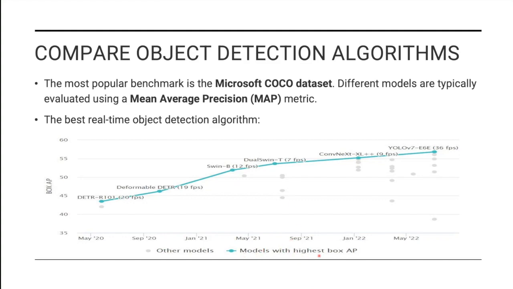And we have the models with the highest box average precision, from 2020, so it goes to DETR and the former DETR, Swin, and so on, to ConvNeXt and YOLO version 7. That was the state of the art at the time, because this comparison was done in 2022. Since then we have YOLO version 8, but YOLO version 4 was the one that gave the highest average precision.